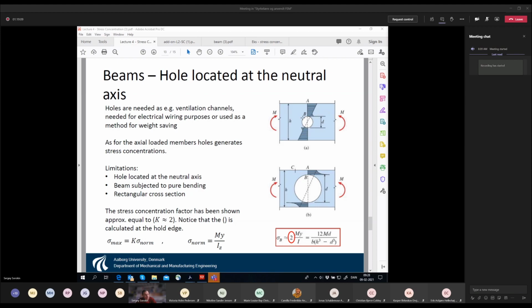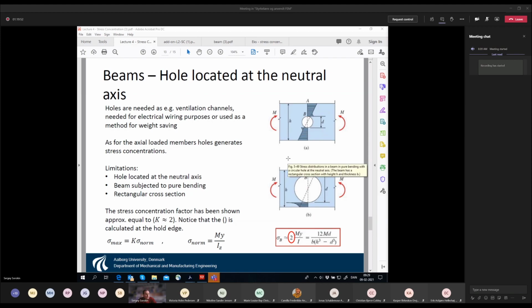The first scenario is that the increase in the stresses due to the stress concentration is less than the maximum stress due to the conventional bending. Alternatively, the hole may be quite big, so that the stresses due to the stress concentration become larger than the stresses in the bending.